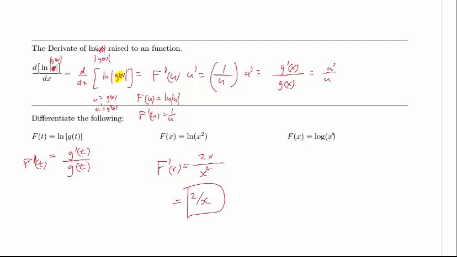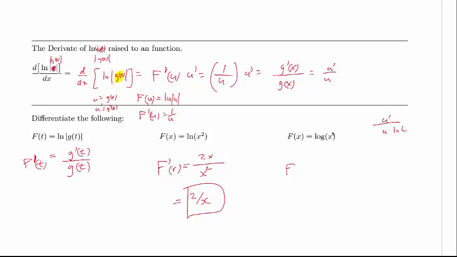So let's find this guy. Note that this is going to be base 10. So in these instances, when you find the derivative, it's going to be the derivative of the inside, divided by the inside. The only difference is now we're going to take the natural log of b and stick it in the bottom.